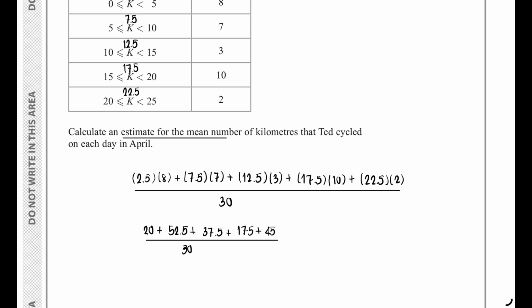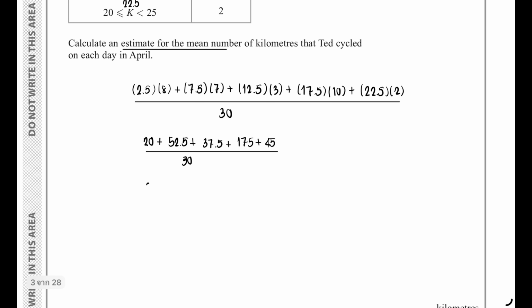So it is equal to 330 over 30. Therefore the estimate of the mean is equal to 11.